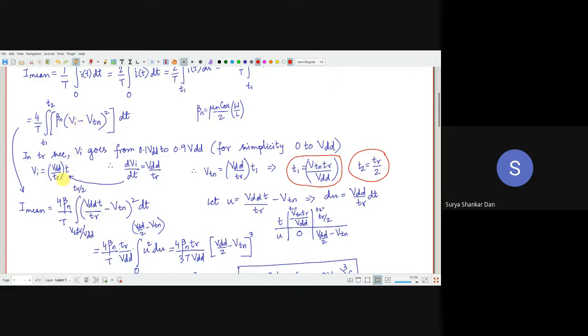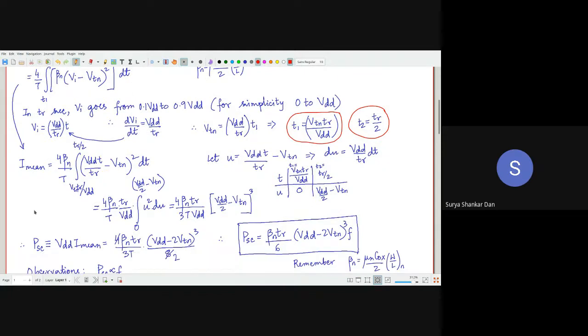We know this VDD by TR into T, उसी को लिखते हैं. Okay, now it's a matter of just an integration. ठीक है. However, notice that there is a dt over here and there is a t over here. Okay, so I will put u equal to this whole factor, and then I will just carry out the integration. I am not going into this integration separately.